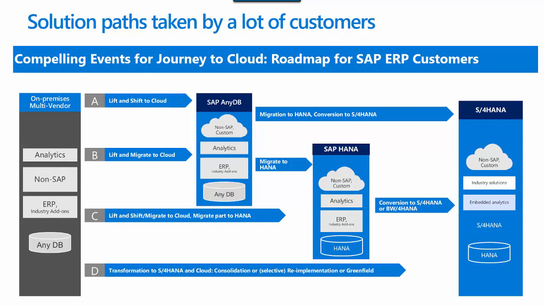Later, if you are ready, and also S4 HANA has the application feature sets that you need, you can migrate from that interim step on Azure onto S4 HANA on Azure.